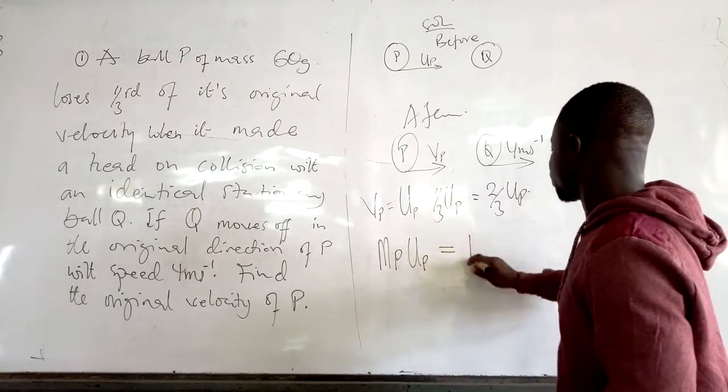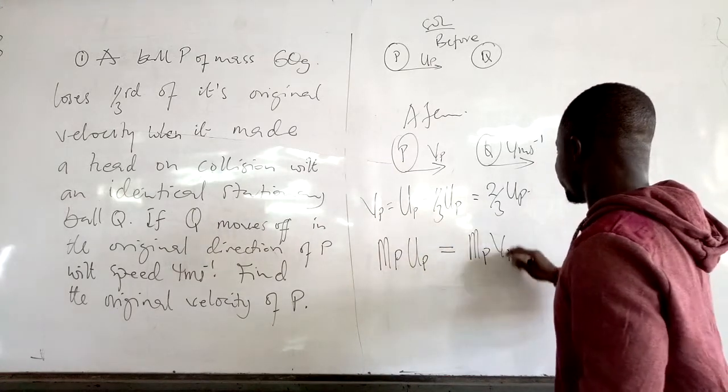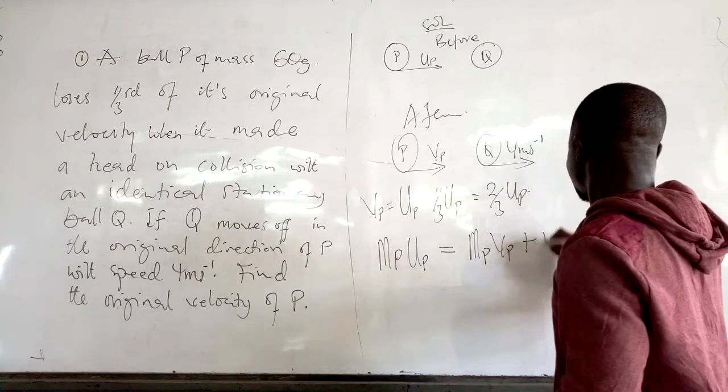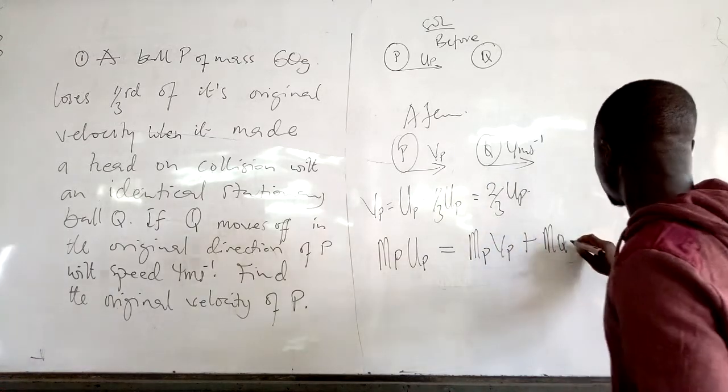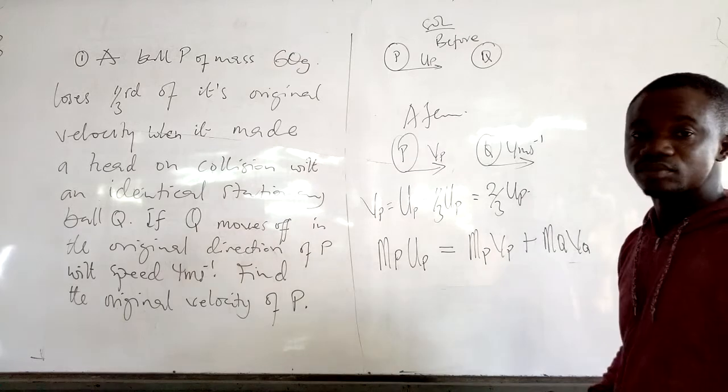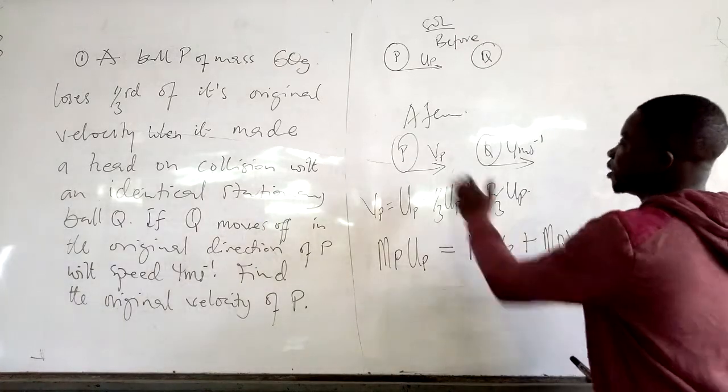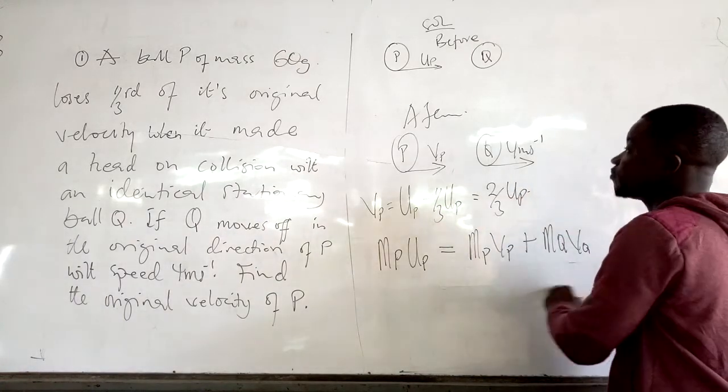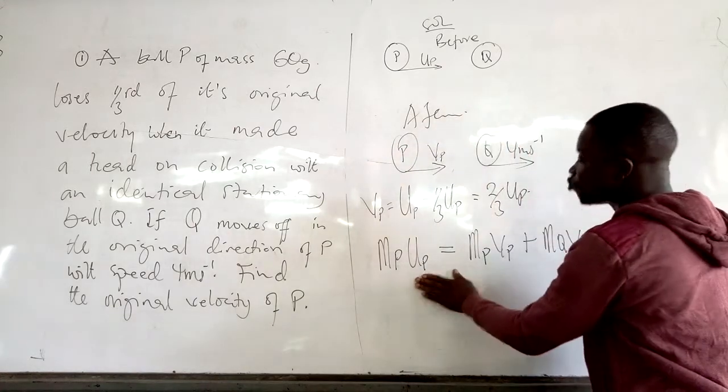That will be equal to MP VP plus MQ VQ. Because they move in the same direction, both of them are positive.